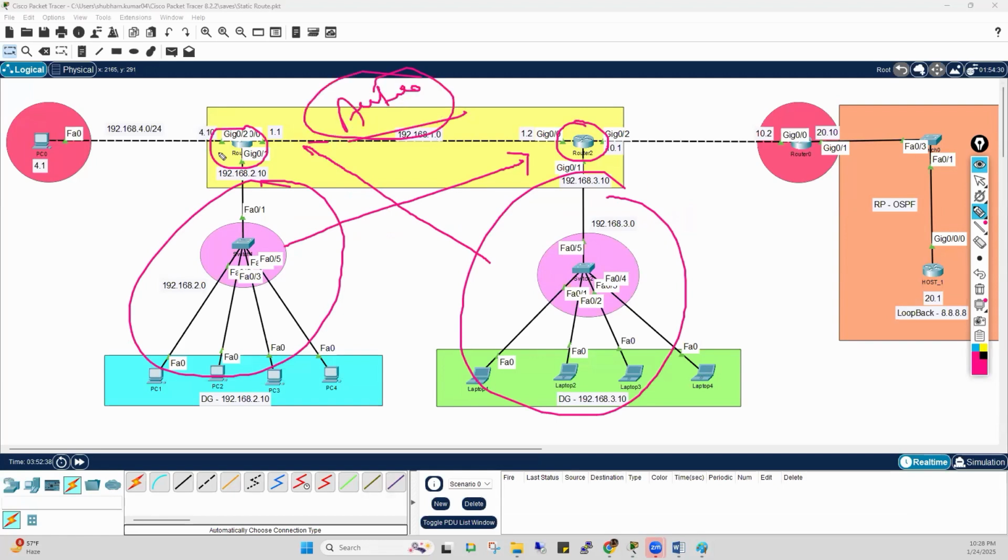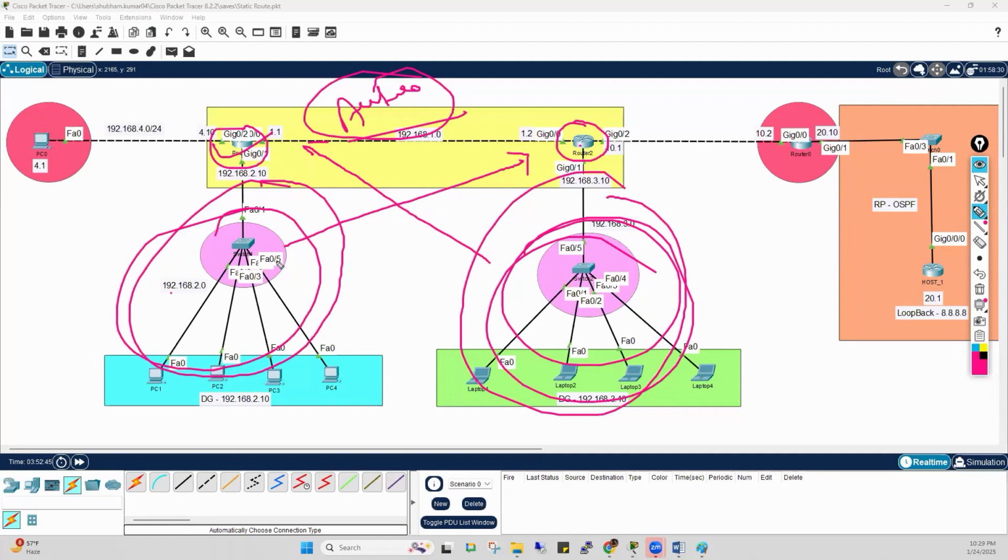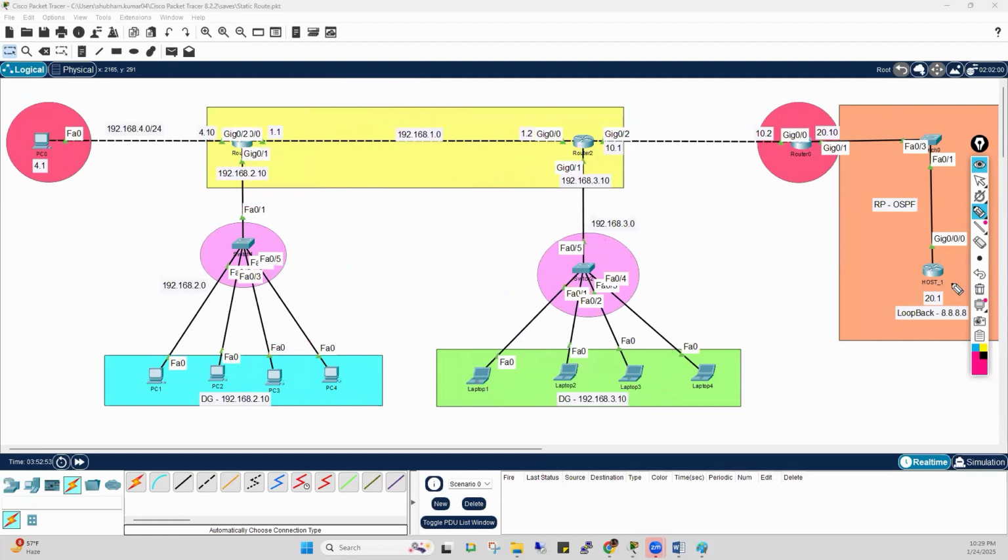You do not need to tell this router manually, hey, this is the network ID here we are running. No, we do not need to tell the router manually. This router will know about all the network automatically. And this is possible because of dynamic routing.